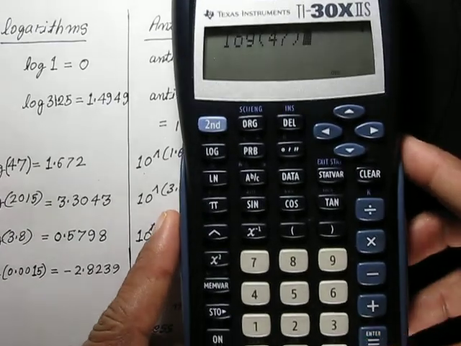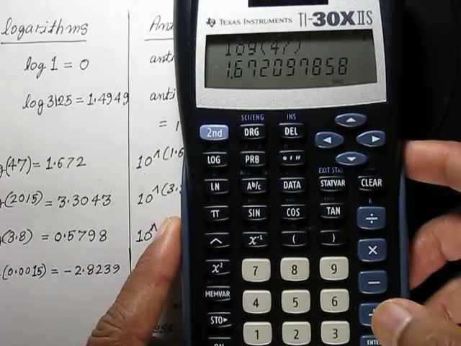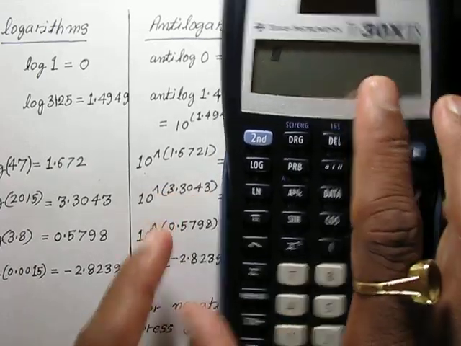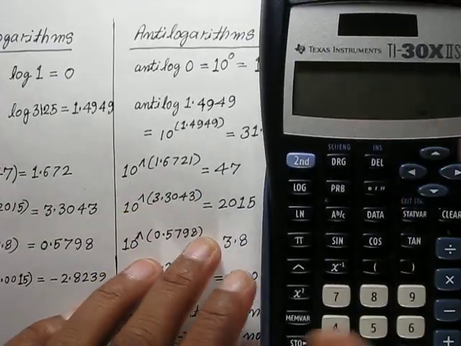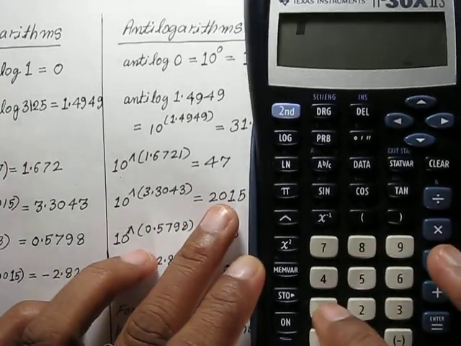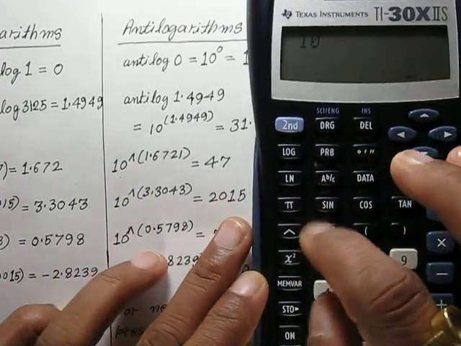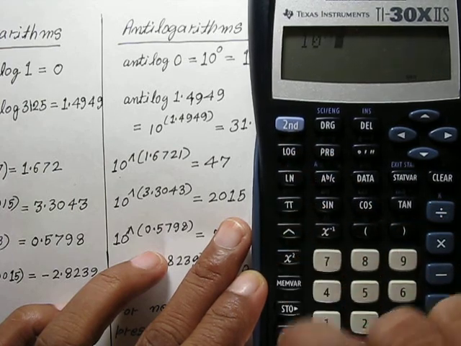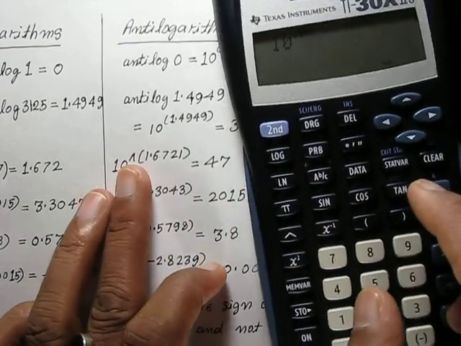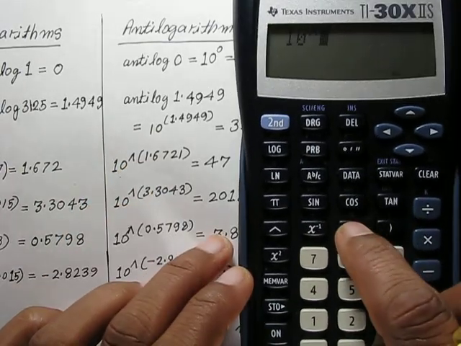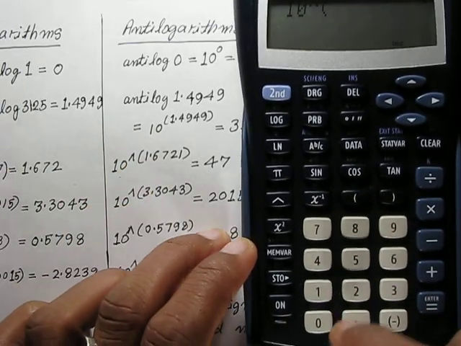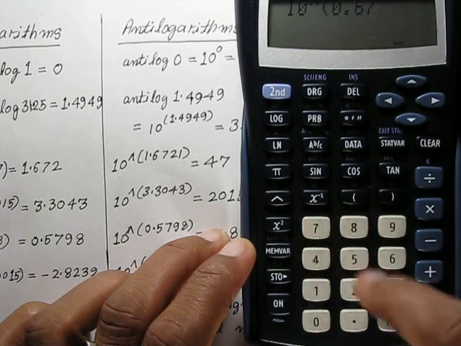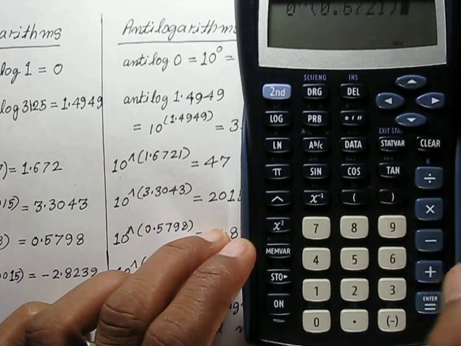You have to learn how to take the log and anti-log in your calculator, right? So the answer will be 1.672. So how will we take the anti-log of this in the calculator? Just type 10 first, then the cap key, then parenthesis, type 1.6721, parenthesis close.